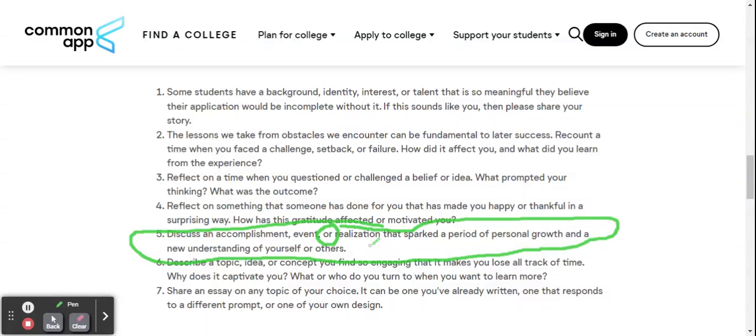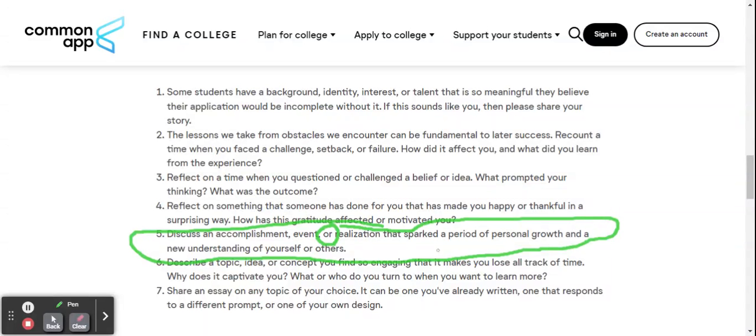So this is really good if you had sort of an earth-shattering moment, and you can really begin to talk about that and your growth, how you grew as a person, and understanding who you are and how you view other people.